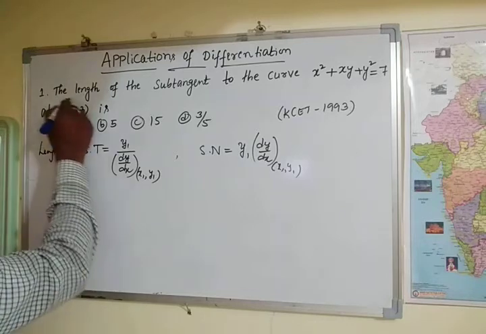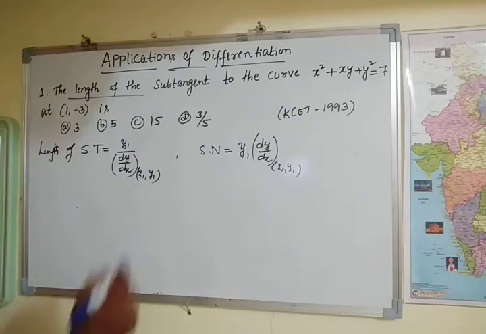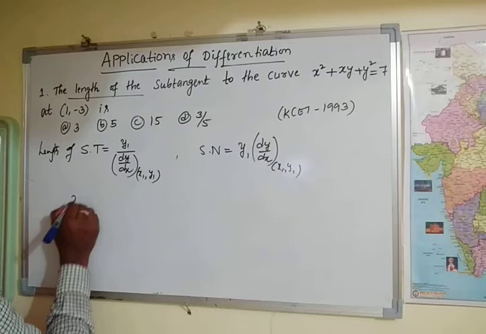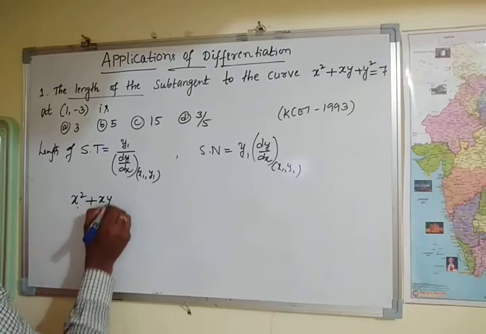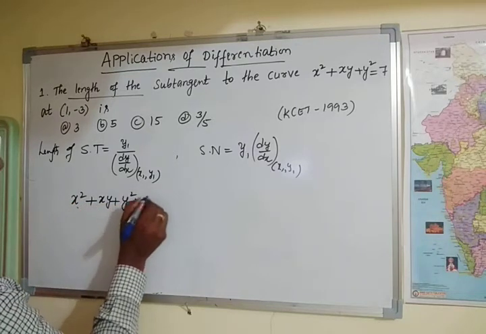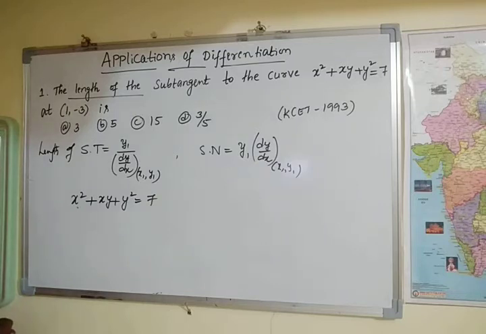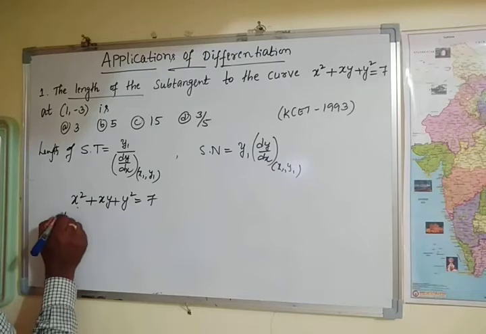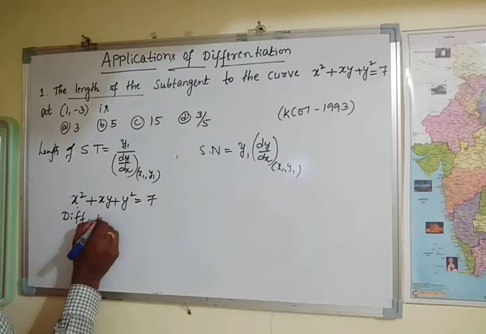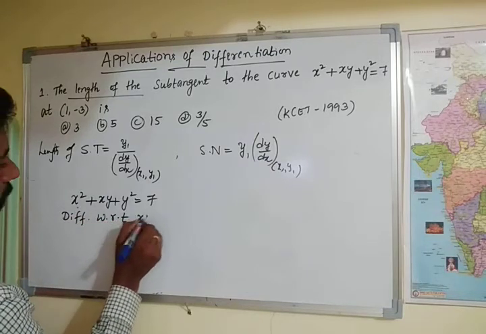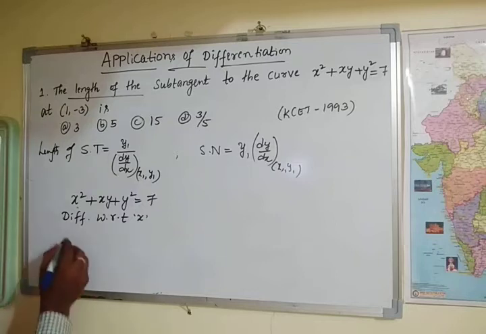Now here we have to find the length of the subtangent. Here we have the curve x square plus xy plus y square is equal to 7. Now we are going to find the value of dy by dx. Differentiate with respect to x on both sides.